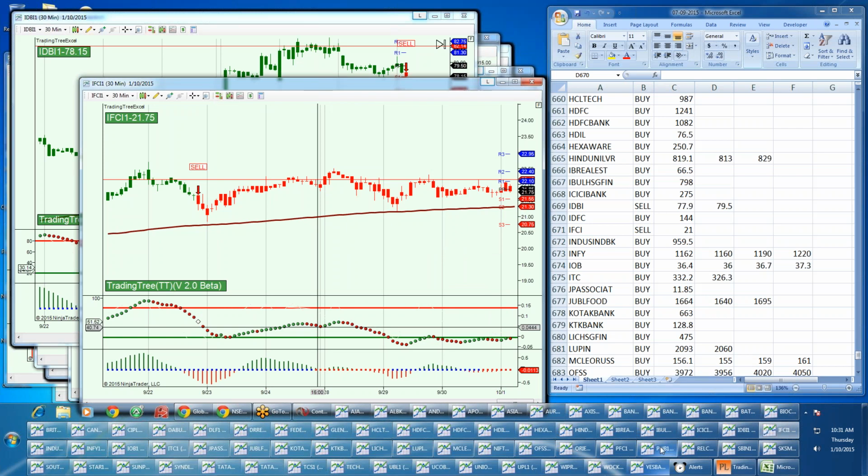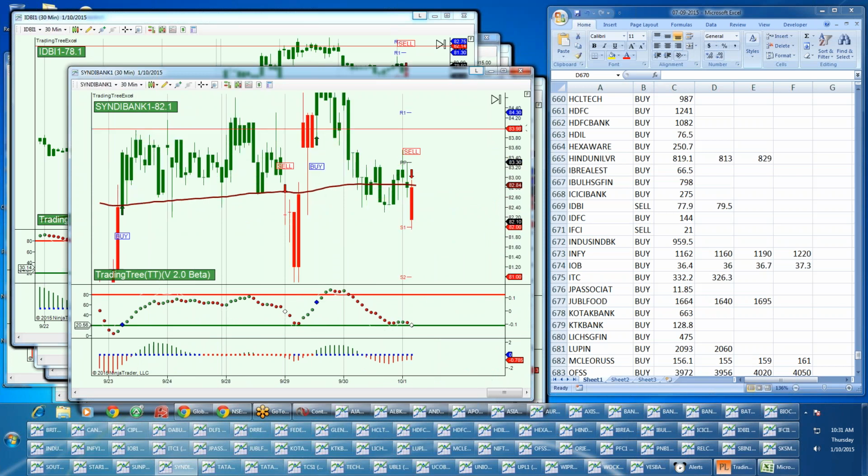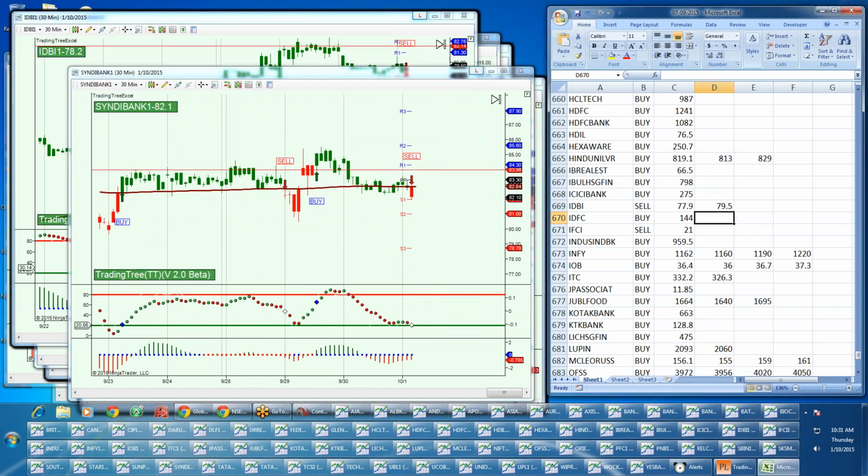So Syndicate Bank, we have a sell. So let's short it at 81.80.